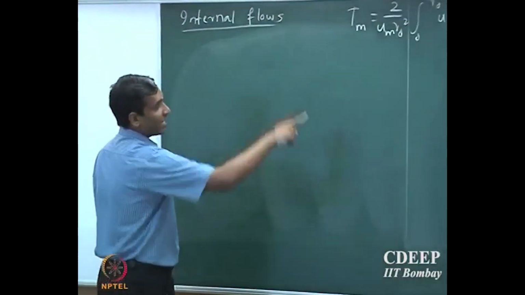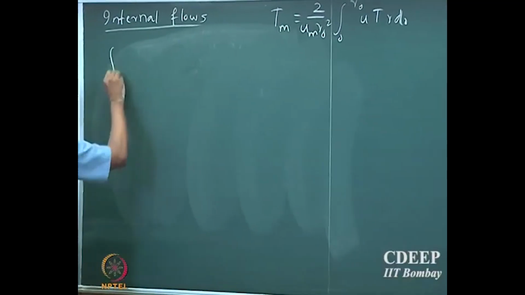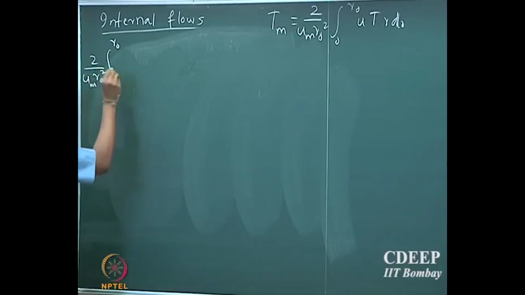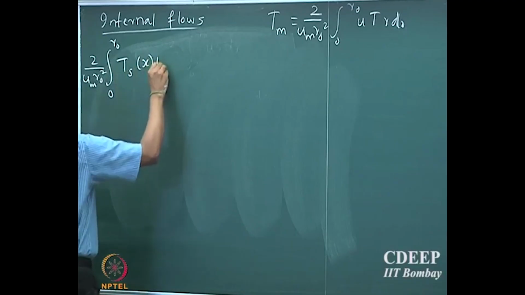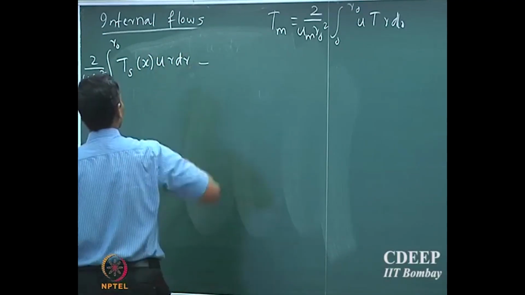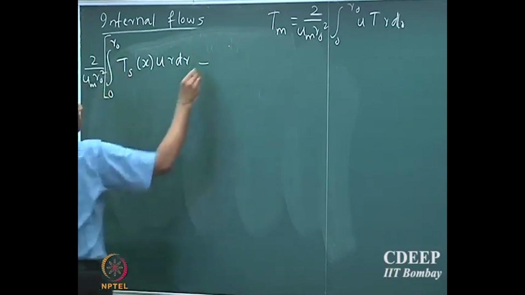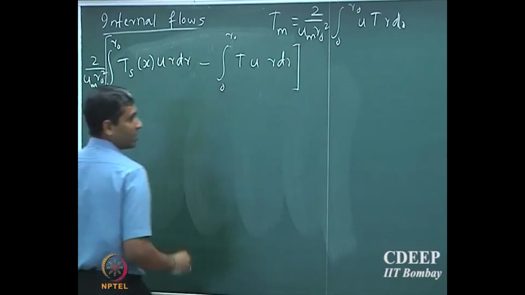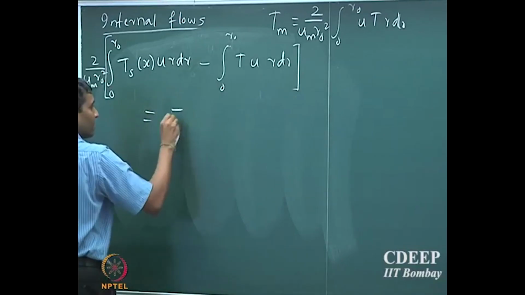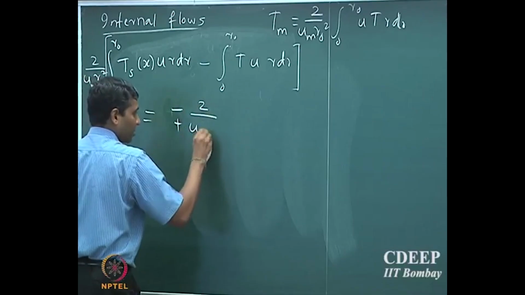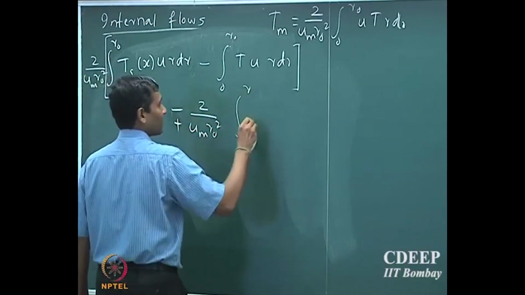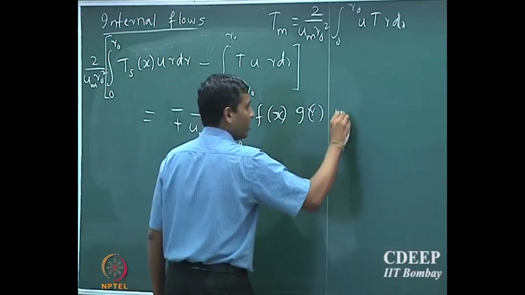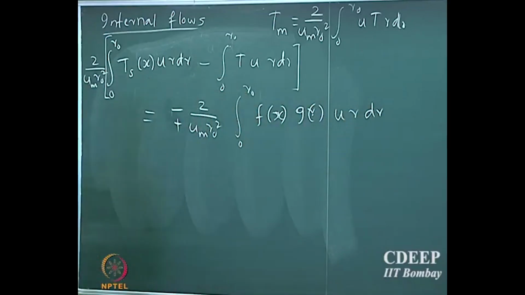So suppose I want to find out Tm from this expression, so I can integrate 0 to r naught 2 by um r naught square Ts of x u into r dr minus integral 0 to r naught T into u into r dr. Okay, that's equal to minus plus 2 by um r naught square integral 0 to r naught f of x into g of r into u into r dr. Okay, so that's the functional form.